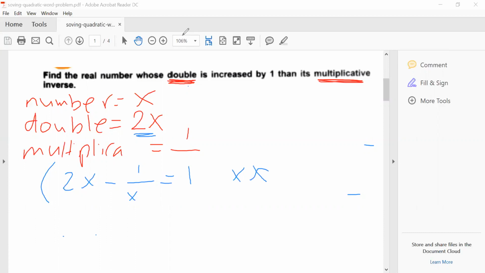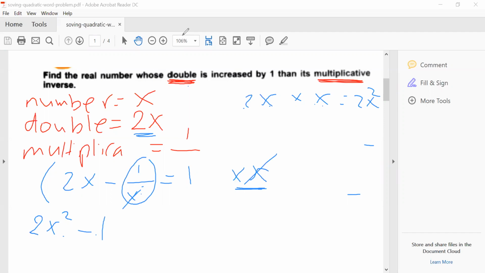So when I multiply 2x times x, it will be 2x square: 2 times 1 is 2, x times x is x square. So 2x square. 1 over x times x, we did this part in order to remove x, equals 1, so minus 1. 1 times x equals x.